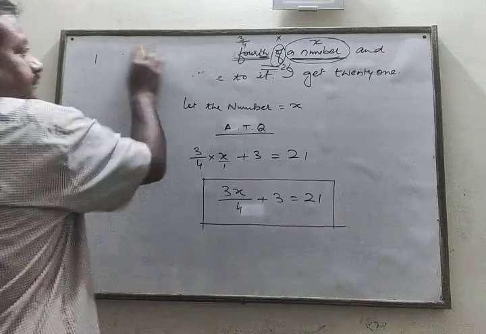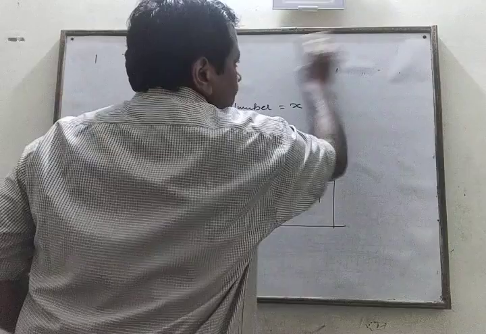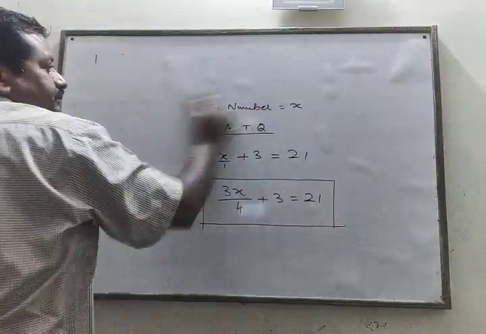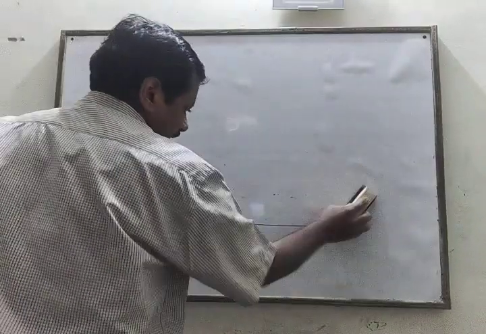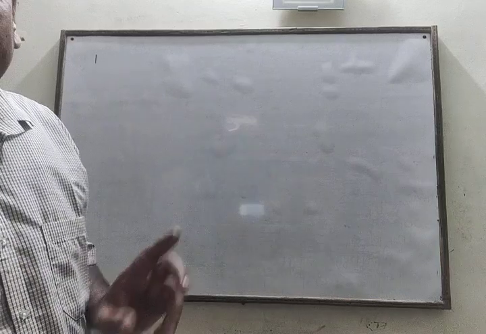So G part. Anwar thinks of a number. So which number is Anwar thinking of? We don't know. So we will suppose that number is x. So the number thought by Anwar is x.